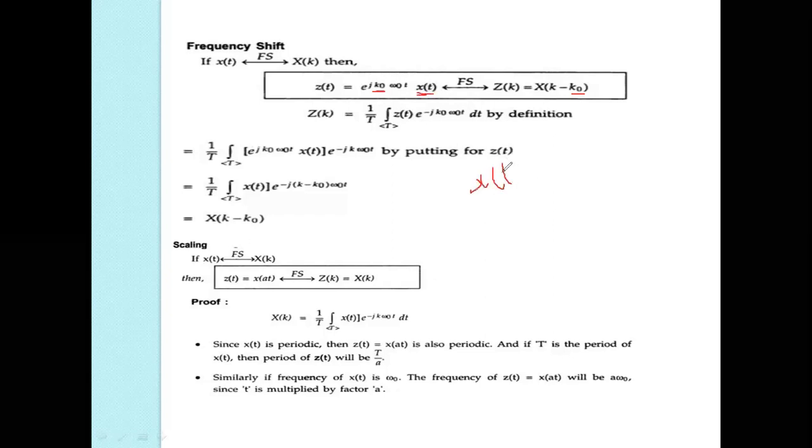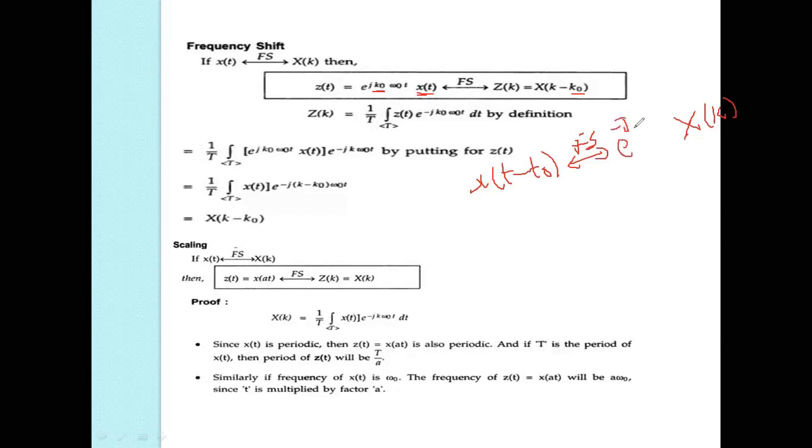Previously, when we checked x of t minus t naught, where the time is shifted, after applying the Fourier series the frequency signal x of k is multiplied with the negative exponential e power minus jk omega naught t naught.